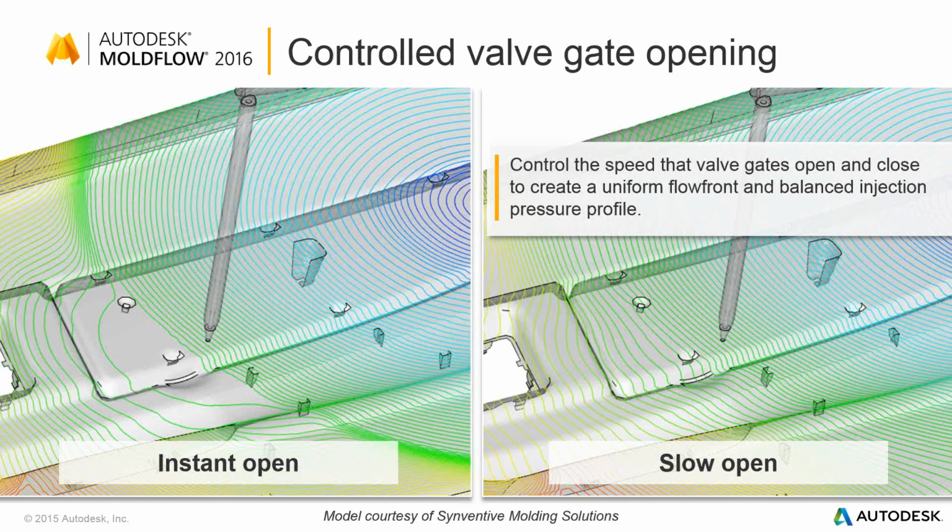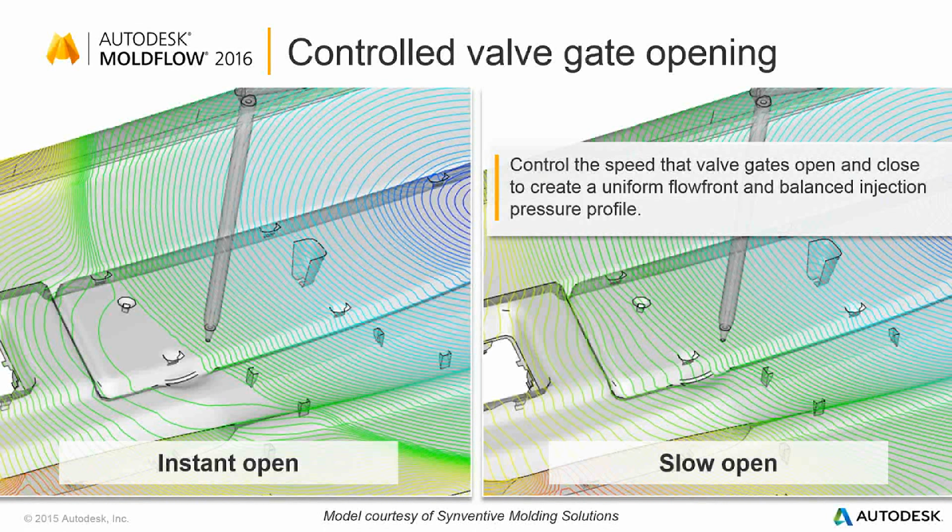In reality, that results in acceleration and possibly visual defects that you will see on the flow front as soon as you open a valve gate. You see stagnation in certain areas and acceleration in the area where you've just opened the valve gate, while the hot runner system is rebalancing its pressures.